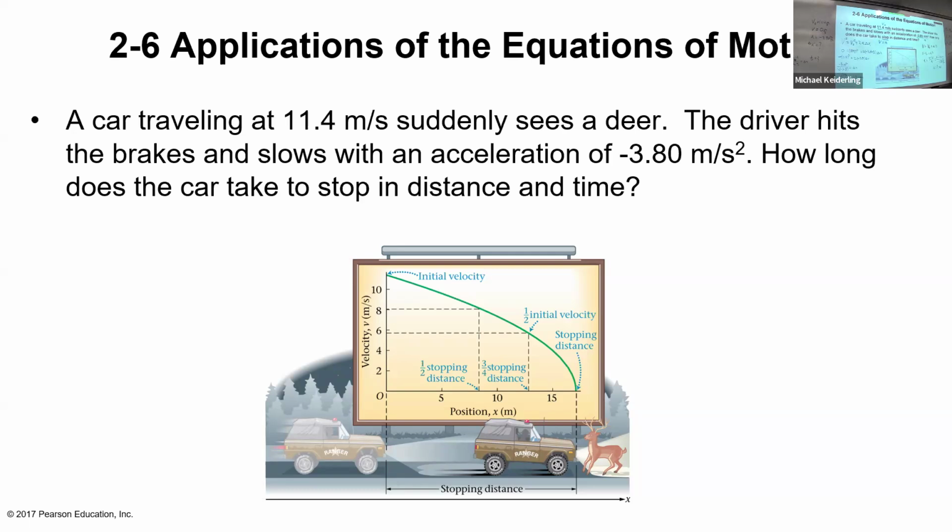Where'd you get the negative sign from? Where, the 11.4? Yeah, because I have positive 11.4, and then I moved it to the other side of the equal sign. Which negative? Yeah, that negative. Yeah, because I had positive 11.4 squared, and I had to subtract it from both sides to get it over on the left.